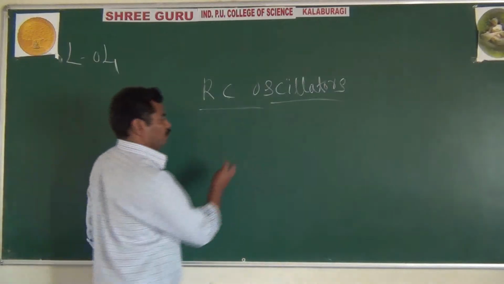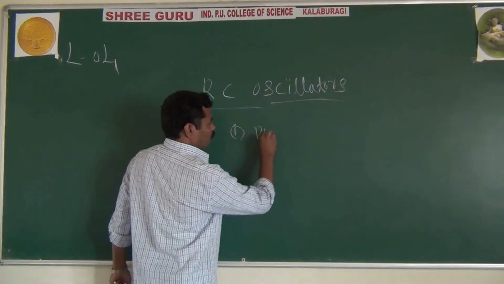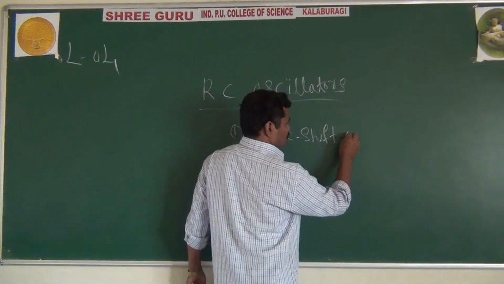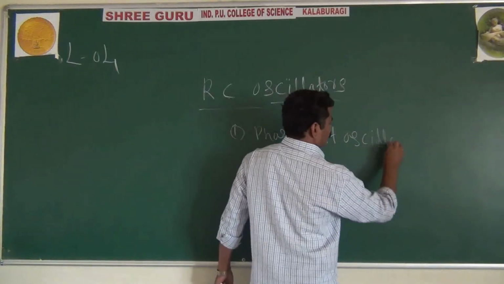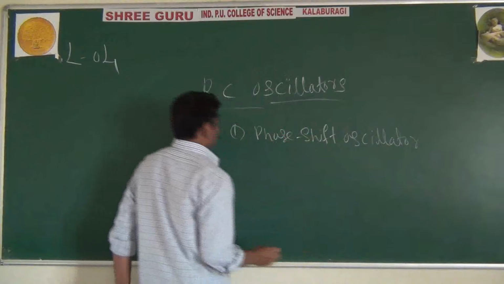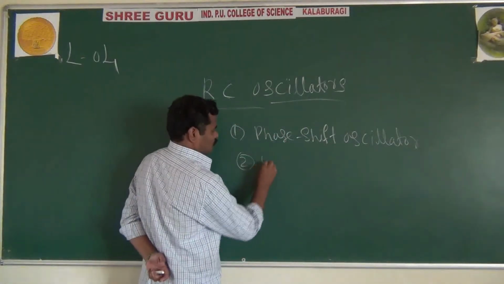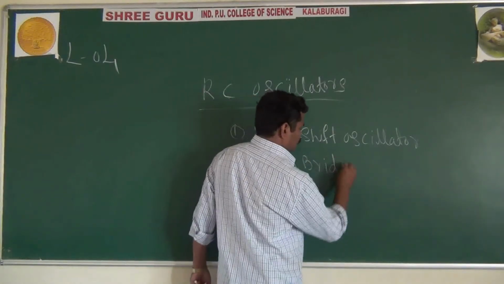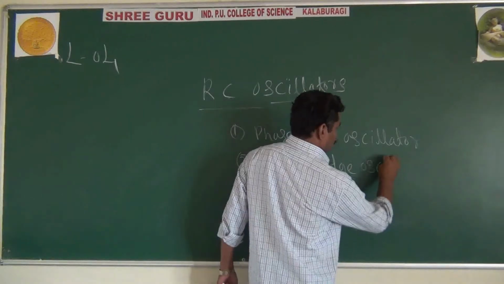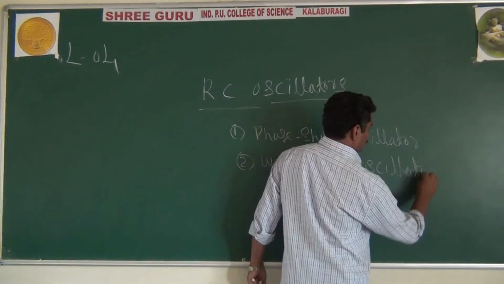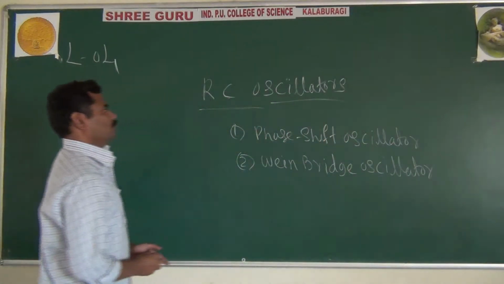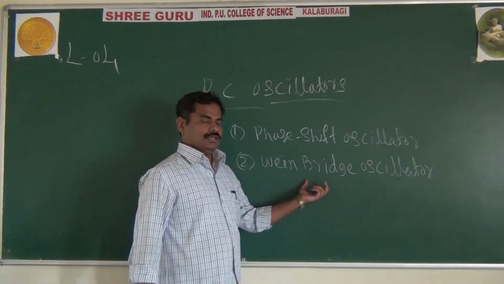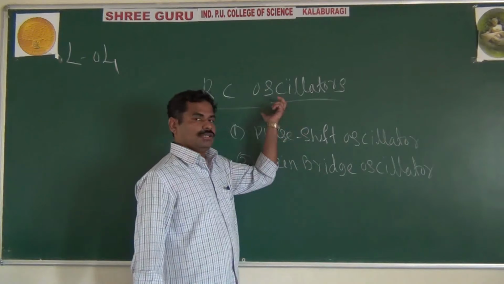One is called the phase shift oscillator, and another is called the Wien bridge oscillator. These are the two types of RC oscillators.